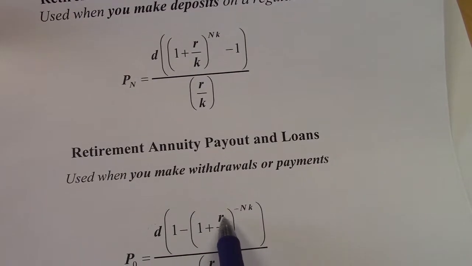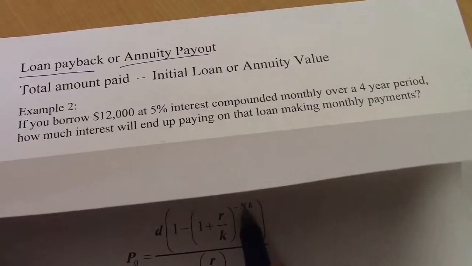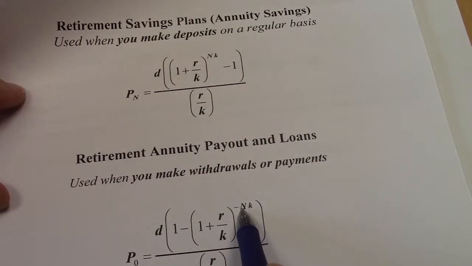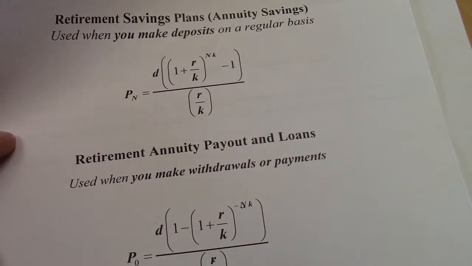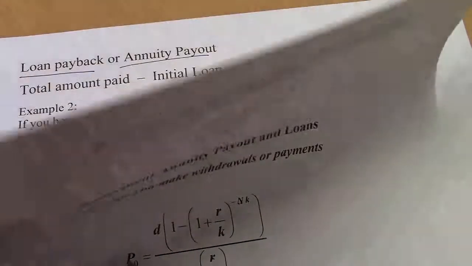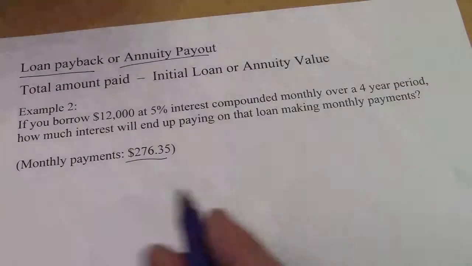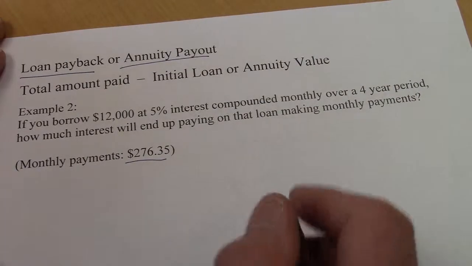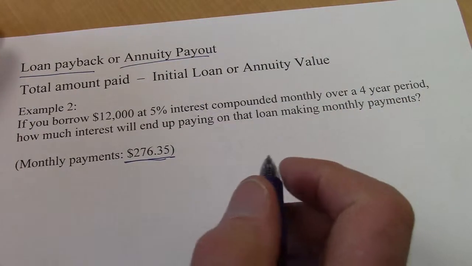That would be D. So you'd have your 5%, 12 times a year, for a 4-year period, so n would be 4, and your loan value would have been $12,000, and you'd find D. So that will be something you'll be working on in the class. I'm going to give that to you right now for this particular problem.